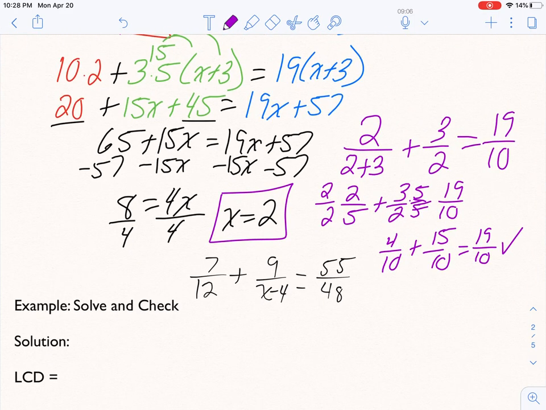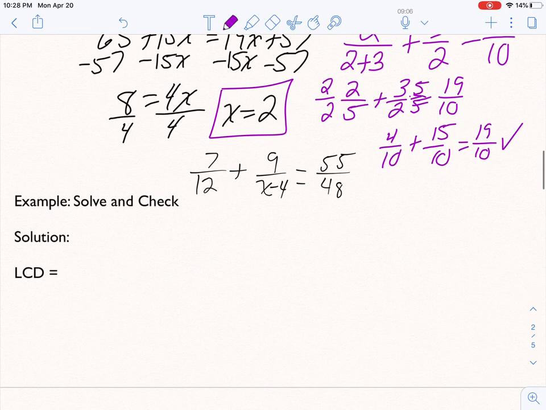Alright, hopefully we're doing great. Go ahead and pause the video again and work on my next example of 7 over 12 plus 9 over x minus 4 equals 55 over 48. And I got an LCD here of 48 times x minus 4.